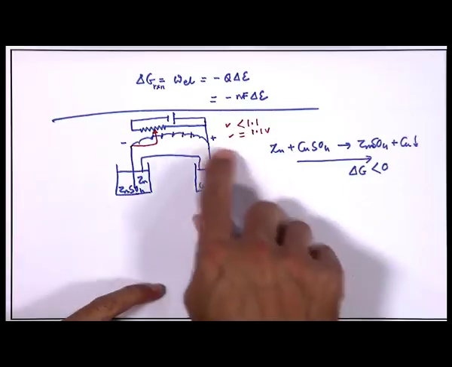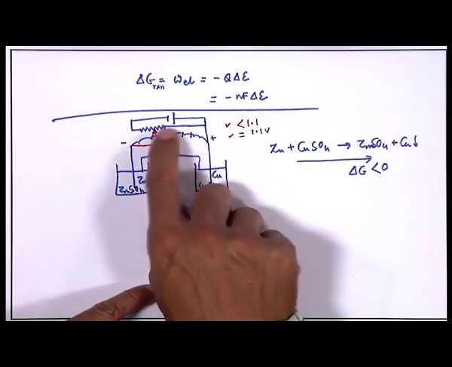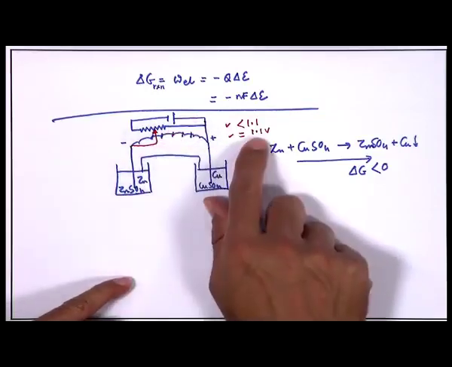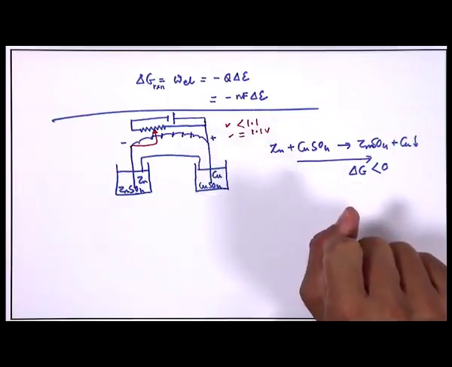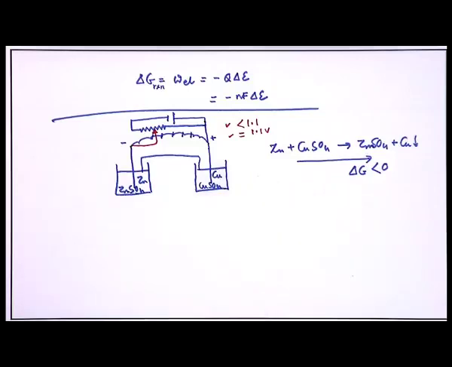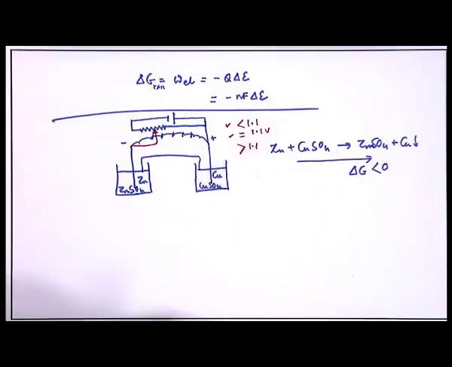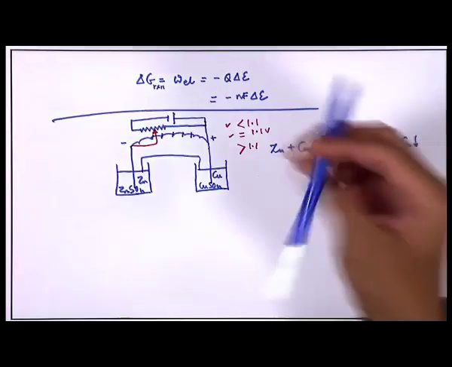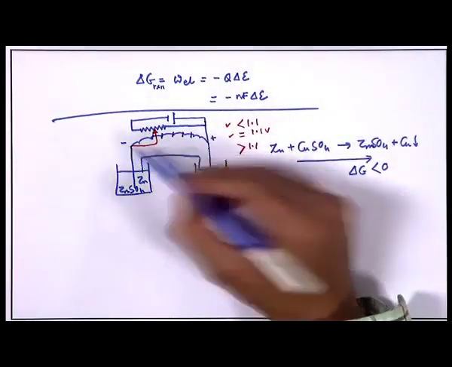Now, if the potential difference from the external source is equal to 1.1 volt, then no reaction is taking place. But if your external potential difference is greater than 1.1 volt, that means you are now biasing this electrode with a negative potential and this electrode with a positive potential.